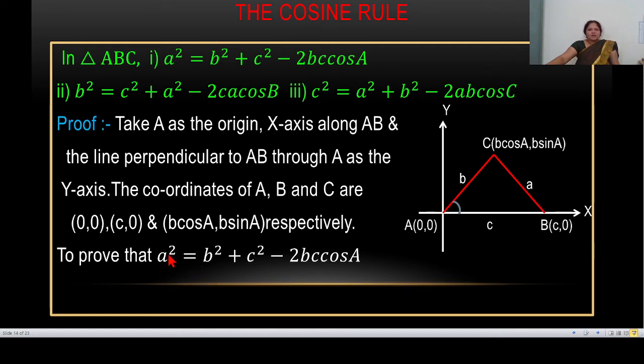LHS is a square. A is the length BC, equal to a. Therefore, a square equal to BC square. Coordinates of point B is (c, 0) and coordinates of point C is (b cos A, b sin A).